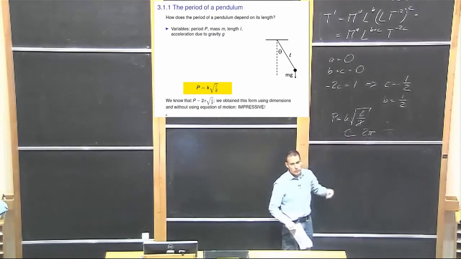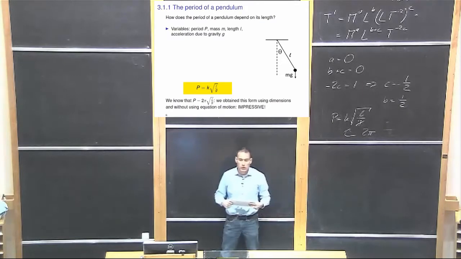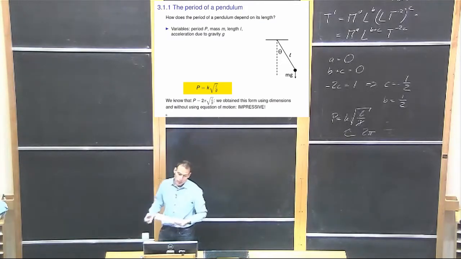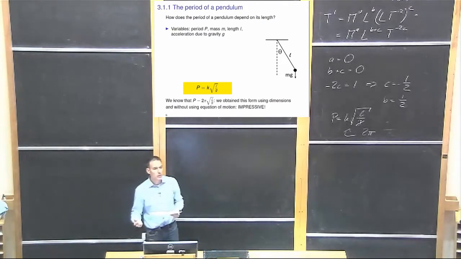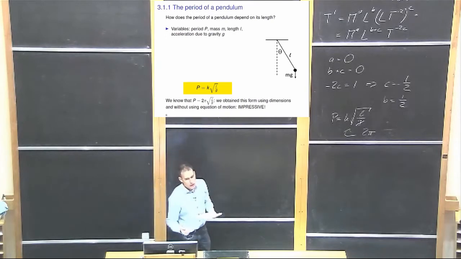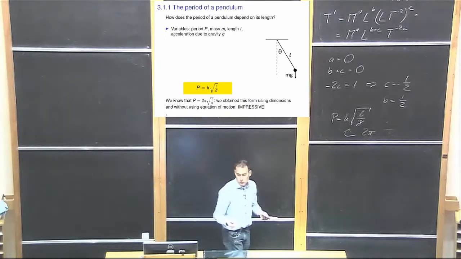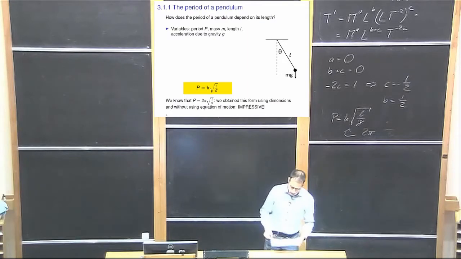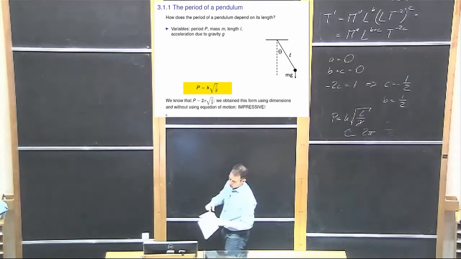And with that, we can derive scaling laws and so on. We know that if we double the length of the pendulum, the period goes up by a factor of √2, and so on. So that's already quite powerful.